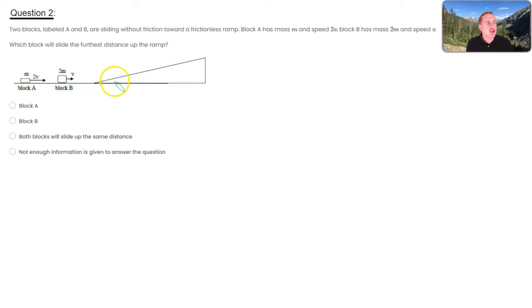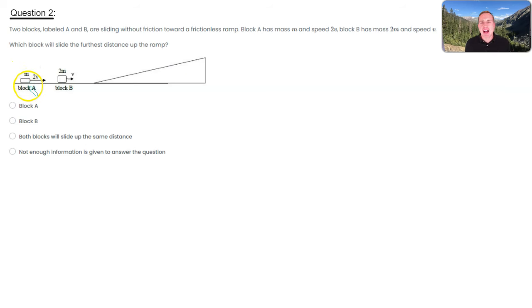I think the question is asking about if each of them in a separate experiment were cast with the mass m versus 2m, that's block A versus block B, with velocity 2v versus v, which is going to attain a higher distance up the ramp. Now think about this.